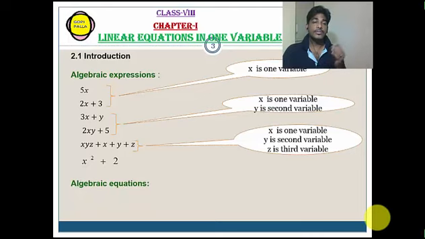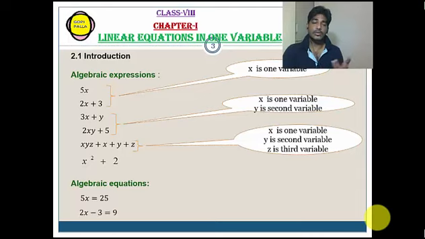Now we'll go to what an algebraic equation is. The name itself denotes that an algebraic equation means there is an equality, that is, an equal symbol should be there between algebraic expressions. If you write two algebraic expressions like 5x and 25 and connect them with an equal symbol, that is called an algebraic equation.